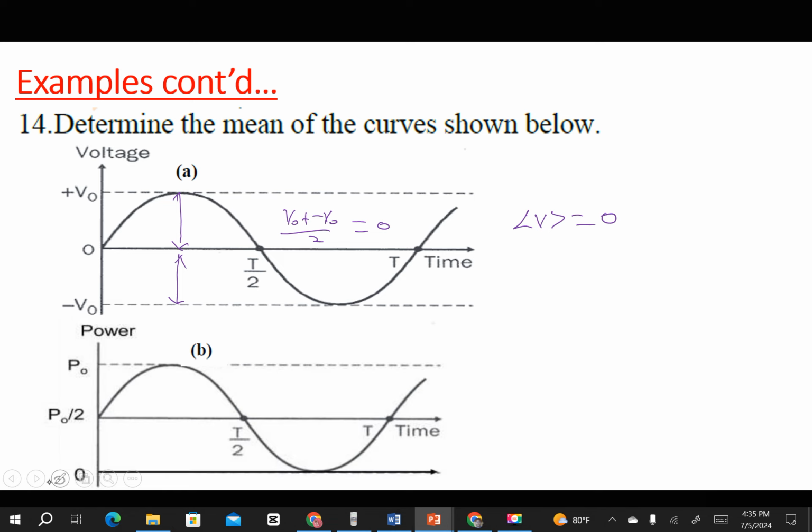Then for power, you saw that the graph of power is always above the x-axis, above the 0 axis. So the average power is going to be half of the maximum power.